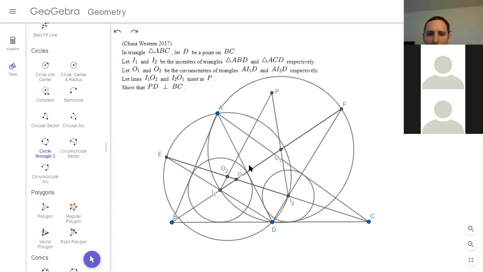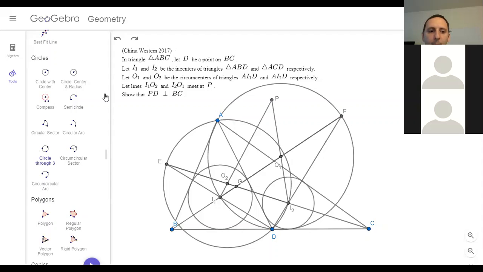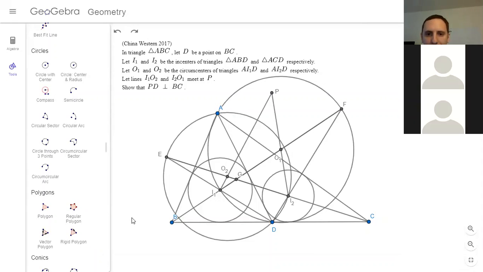So we have a bunch of harmonic bundles, right? So DB, DI1, DA, DF is harmonic, right? It is an angle chase. Wait, is it trivial? Yeah, I2, O2, and C are collinear by an angle chase. Yeah, I mentioned that earlier. So we have two different harmonic bundles.